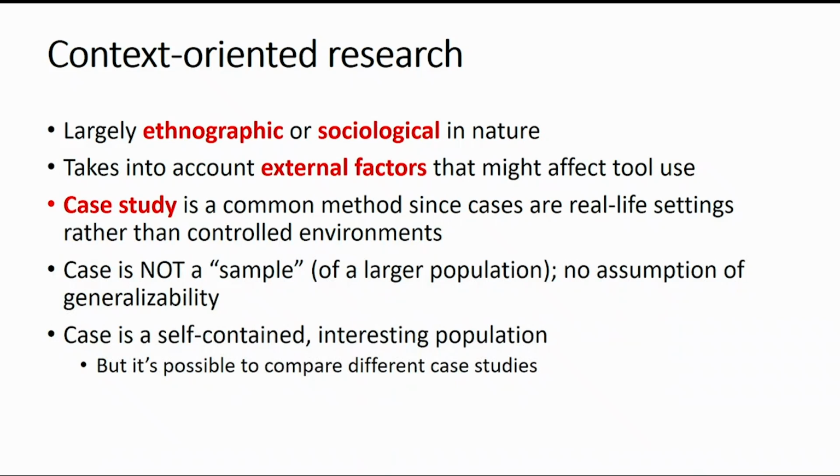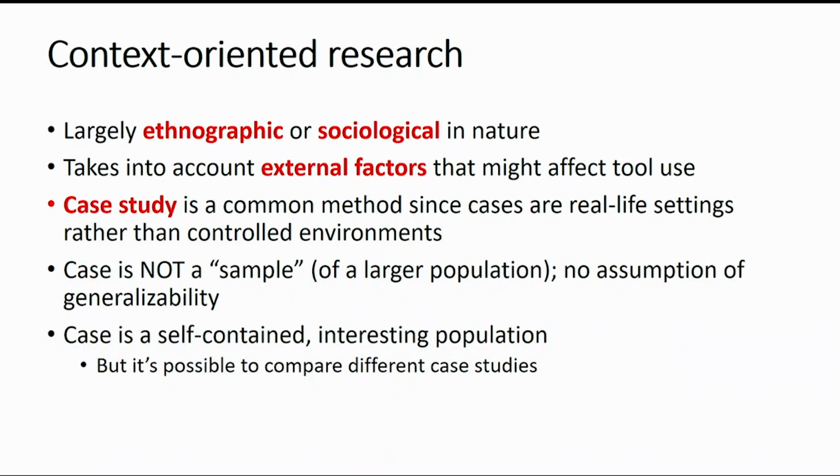And the final orientation is context-oriented research. This type of research is often ethnographic or sociological in nature, and it can take into account factors beyond the tool itself that might affect its use. This could be a company policy, or a deadline, how fast you have to work.